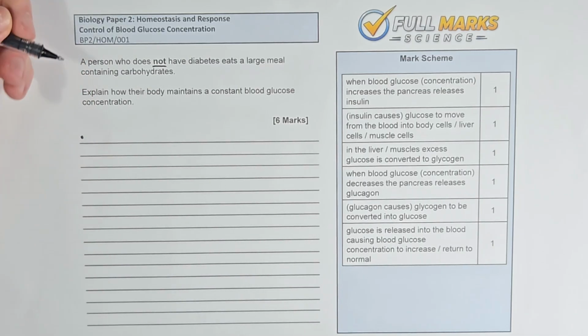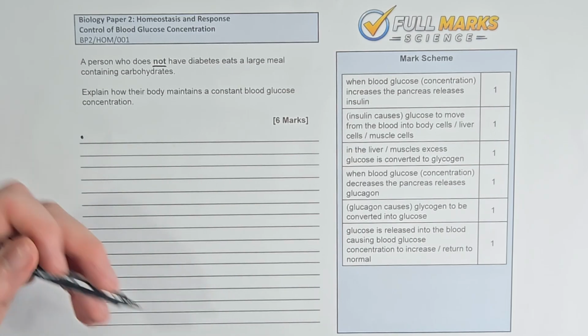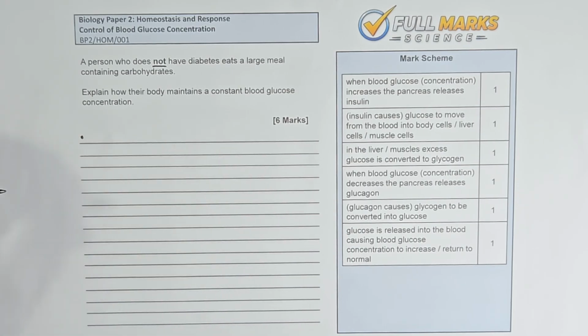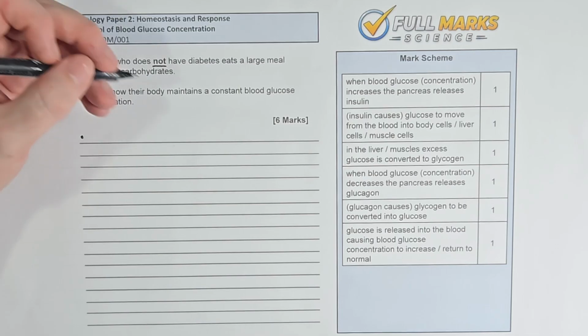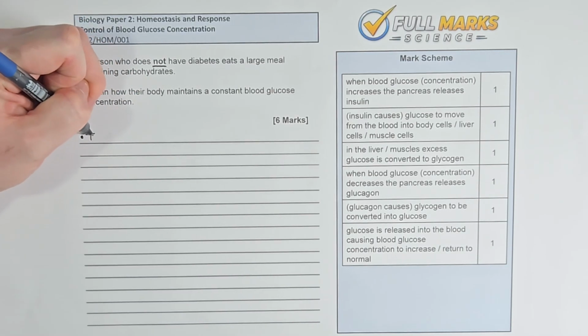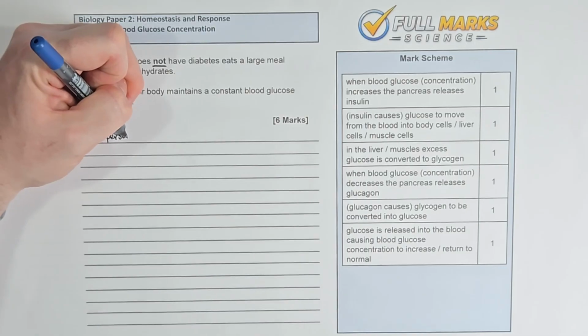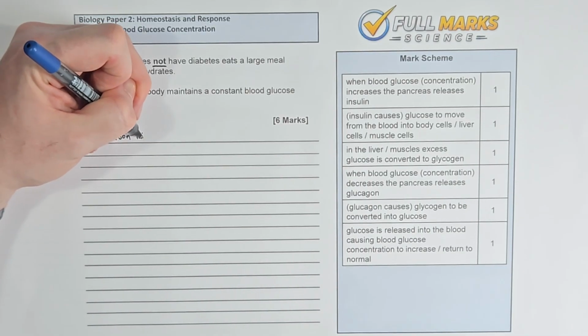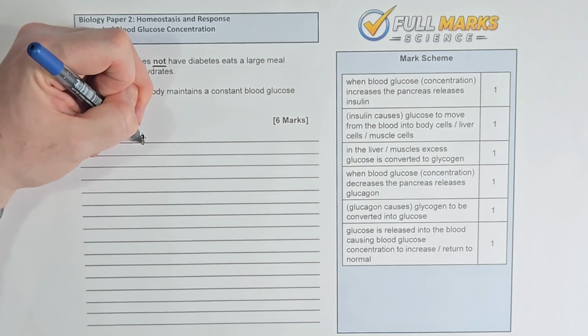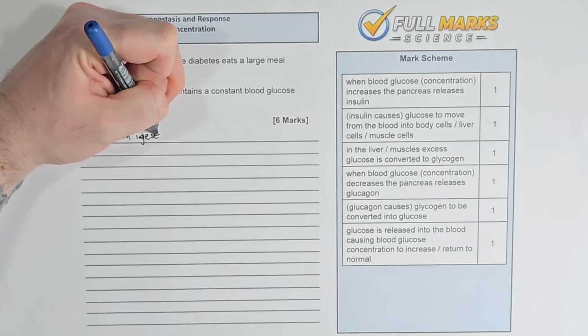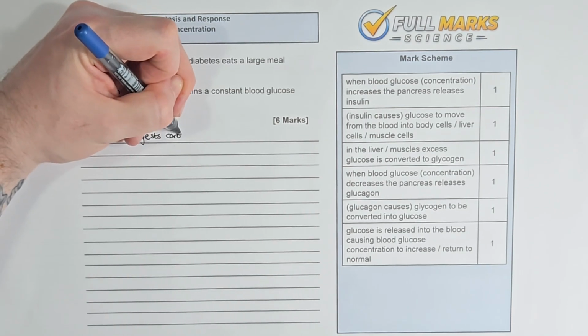I'm going to do bullet points for this one just so that we can establish all of these different points as we're working through it, because it'll give us that sort of journey through the answer. So the person ingests carbohydrates.